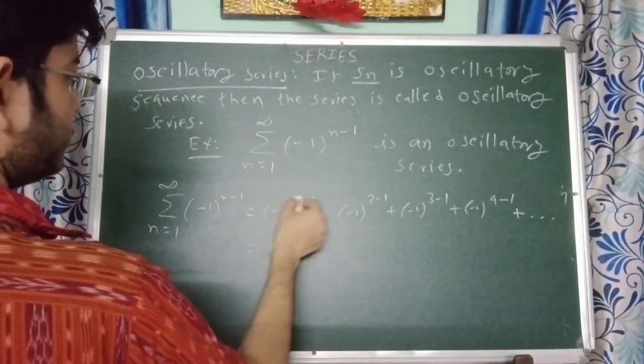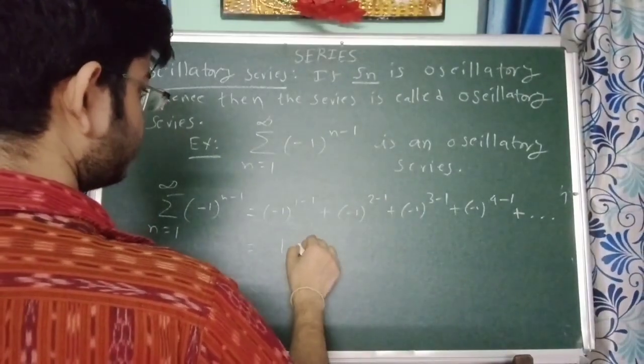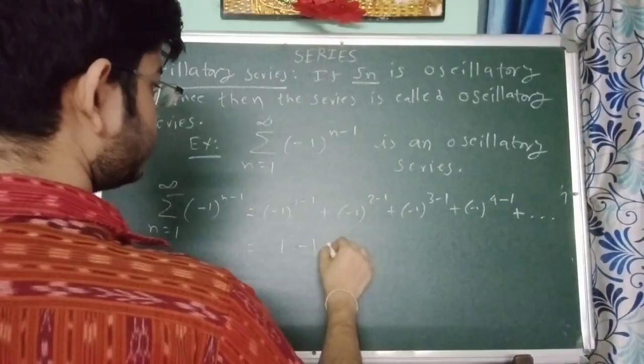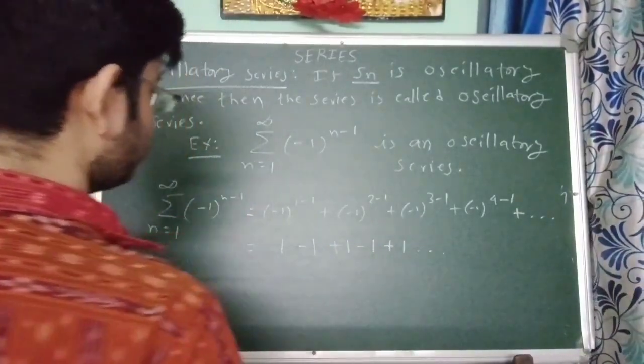This value (-1) to the power 0 is 1, this value (-1) to the power 1 is minus 1, next plus 1, next minus 1, plus 1, and so on.